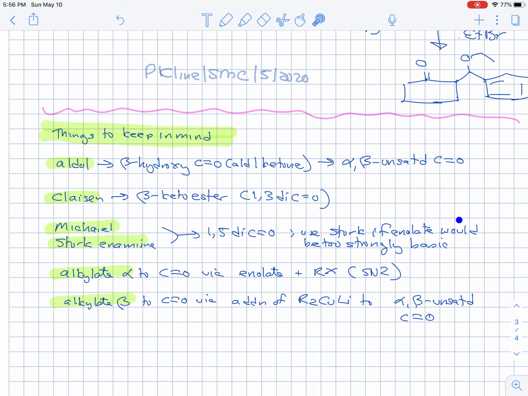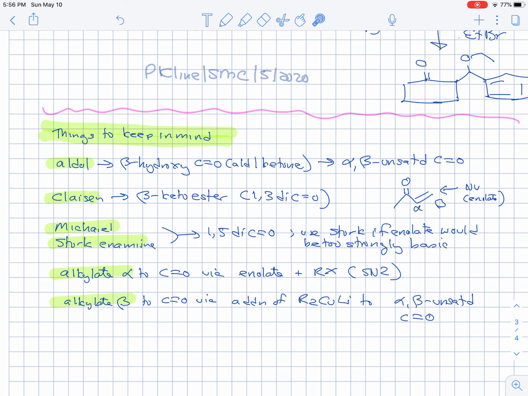And here you're going to use the Stork enamine synthesis if the enolate would be too strongly basic to do a conjugate addition. Because again, what you're doing here is an addition of the nucleophile, which is the enolate, on that beta carbon.